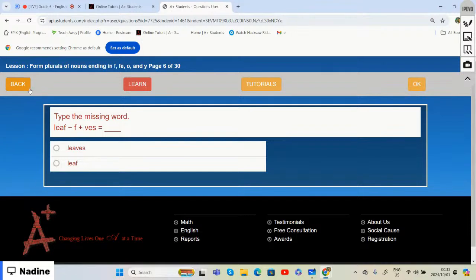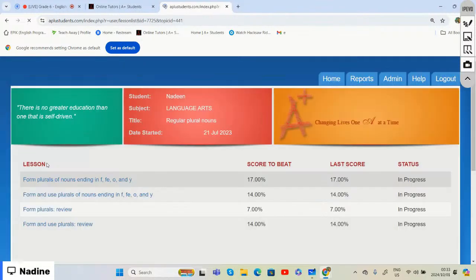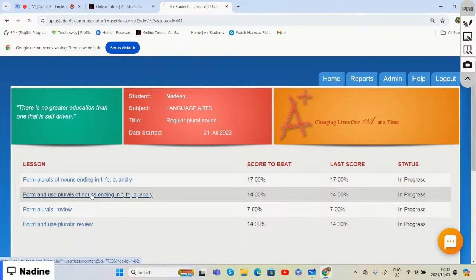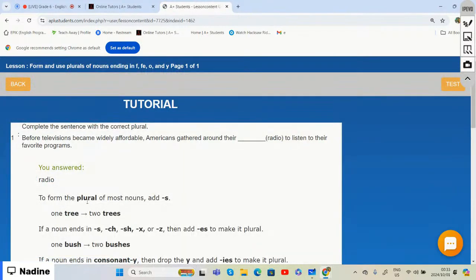All right, so now we're going on to the next one that says we need to form and use plurals of nouns ending in F, FE, O, and Y. We're going to complete the sentence with the correct plural.